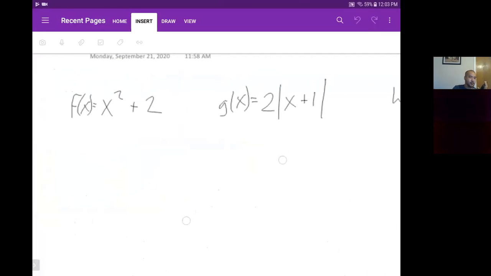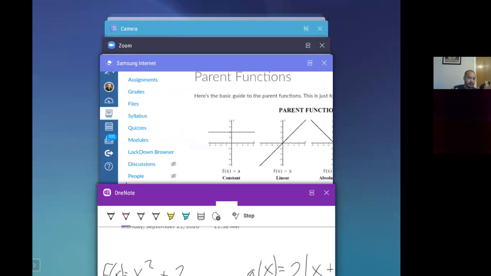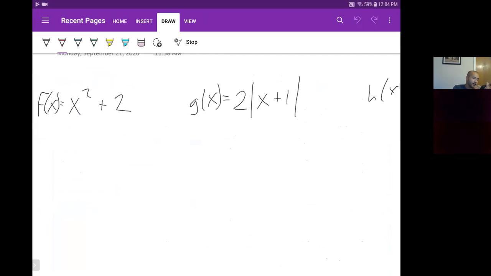Okay, so your stuff will look more like this. You just compare it to this list. We have x squared right here. That means this one is quadratic. You have absolute value bars.